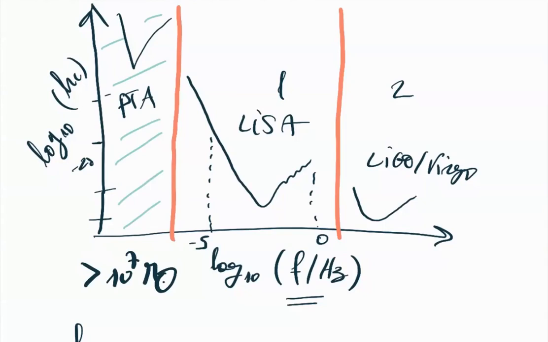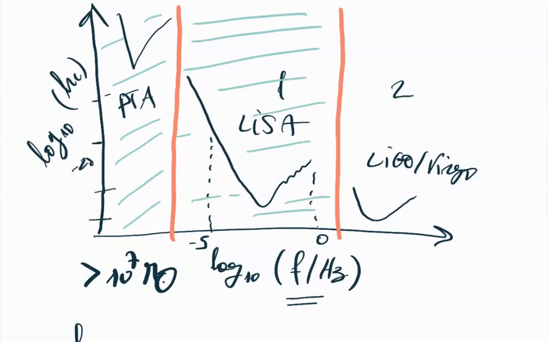In the LISA window, we care about black holes or systems of gravitational waves with masses typically between, say, 10 to the 7 and down to, it depends on a lot of things, but these are the typical numbers. It depends on the distance to the source, etc. But typically, we're talking about 10 to the 7 and, say, 10 to the 3.